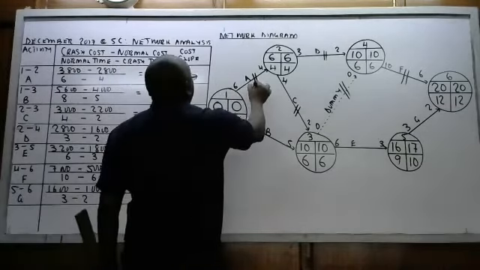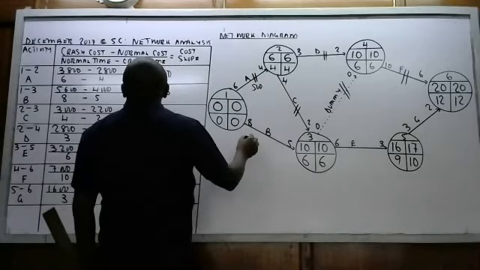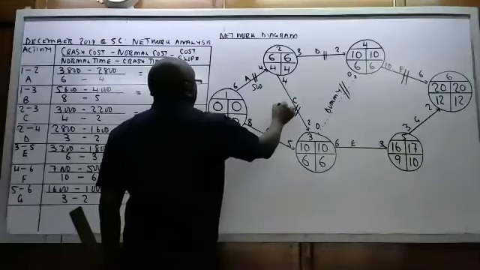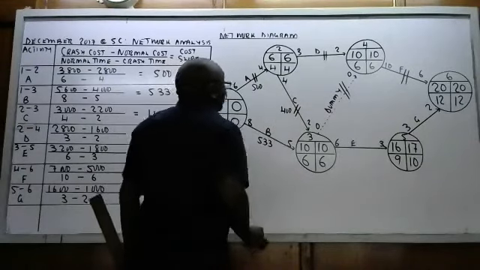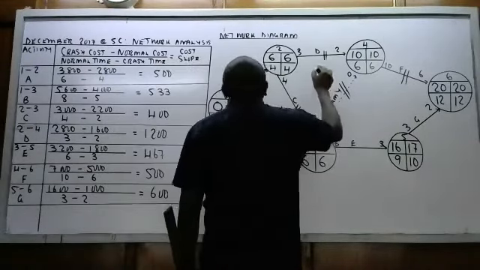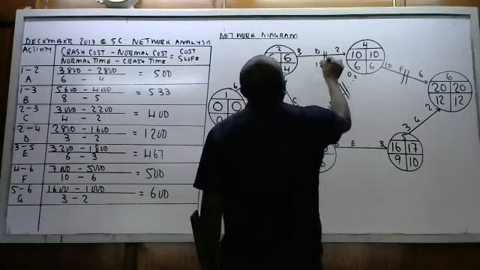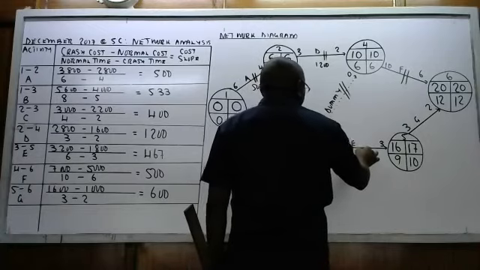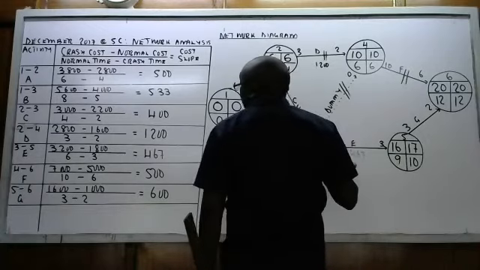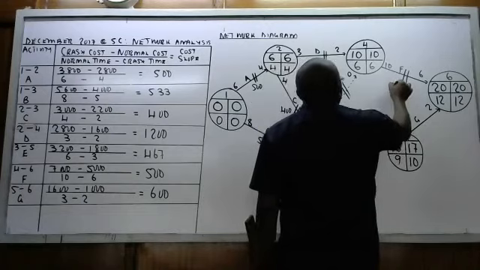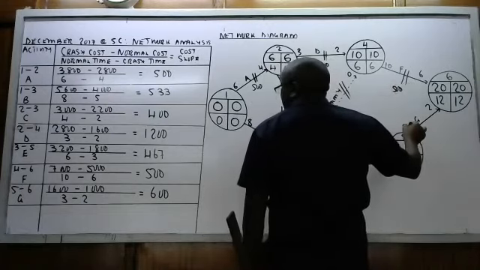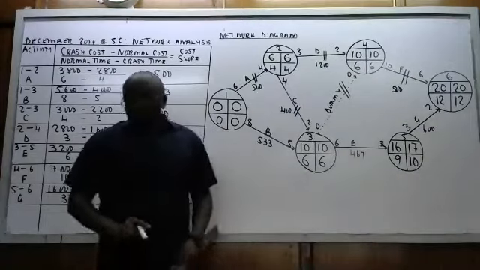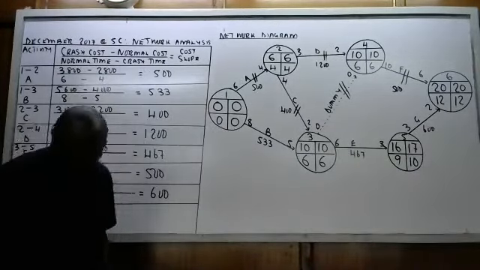So for A, we have 500, B, 533, C, I have 400, D, I have 1200, E, I have 467, and then F, I have 500, and G, I have 600.